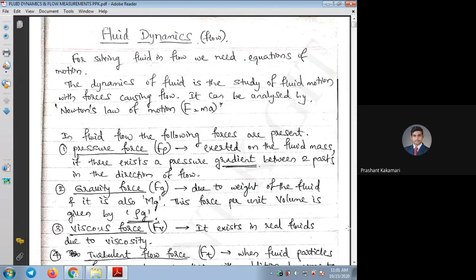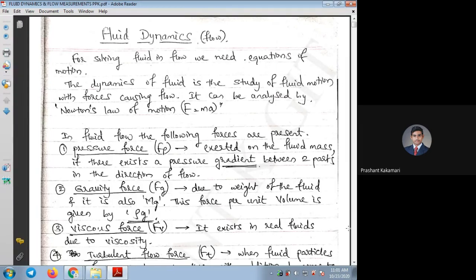That states that the rate of change of momentum is proportional to the applied force. So any change in the movement of the fluid is with respect to the applied force, and it is in the same direction as the applied force.